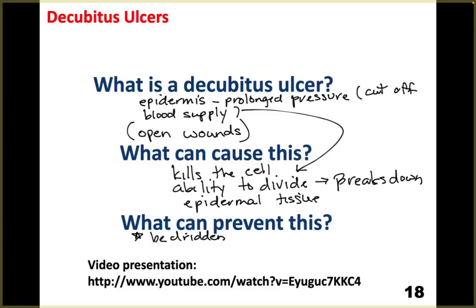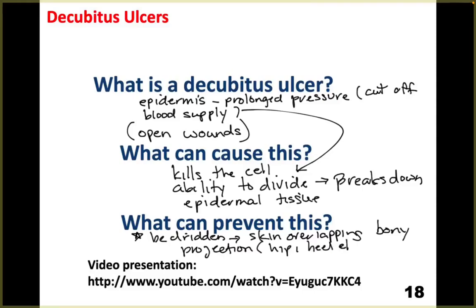Because anything that has skin that's overlapping bony projections, think hips, the heels, your elbows, your shoulder blades, all of those can be subjected to this because there's going to be pressure in the bed.